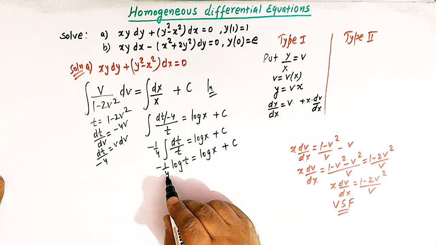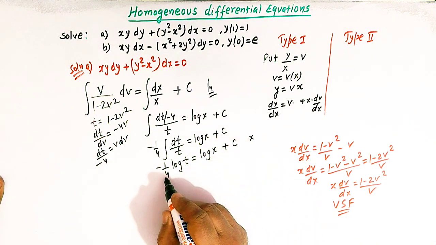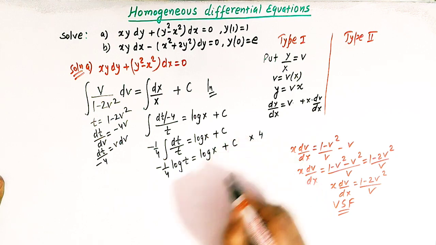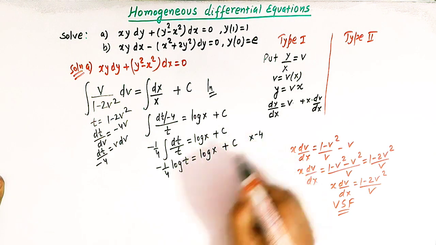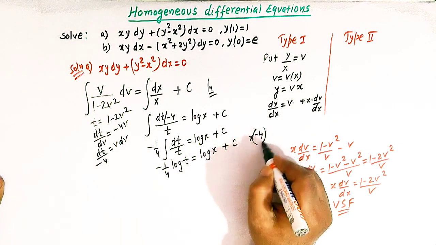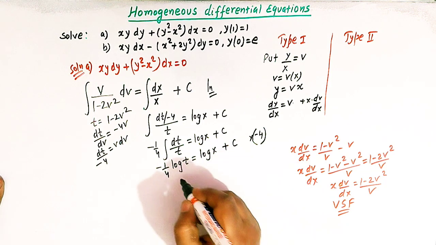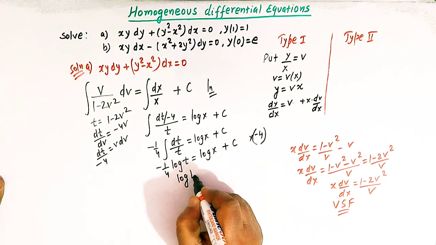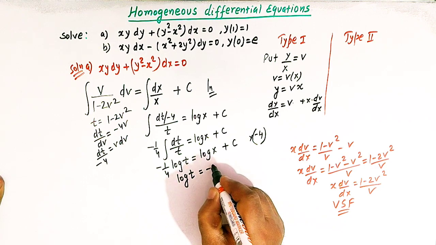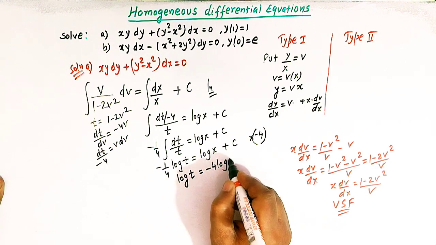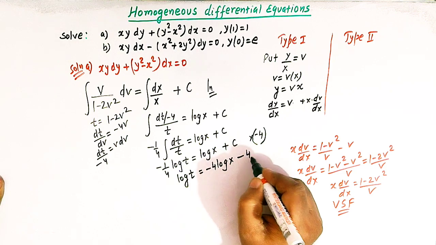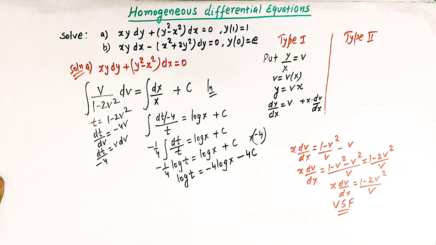So now what we will do, let us multiply this equation throughout by minus 4, right? So what we get here, we are simply left with log of t. Here we have minus 4 log of x, and here we have minus 4 times c, right?